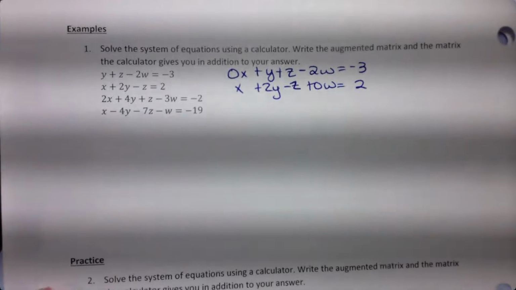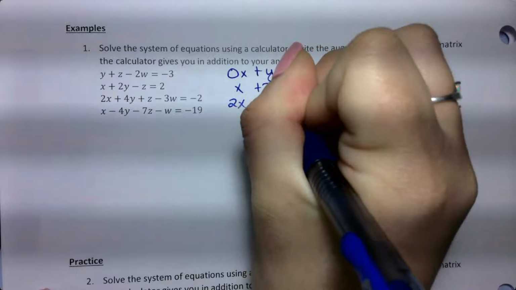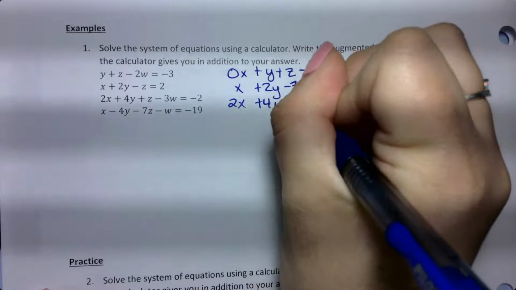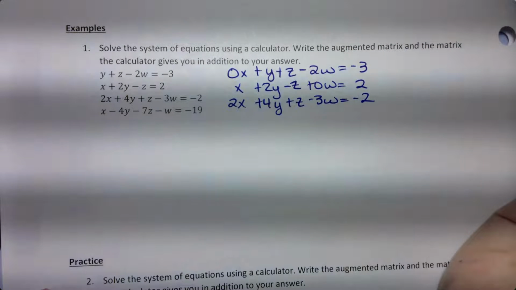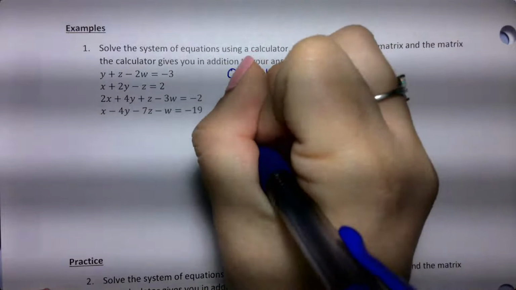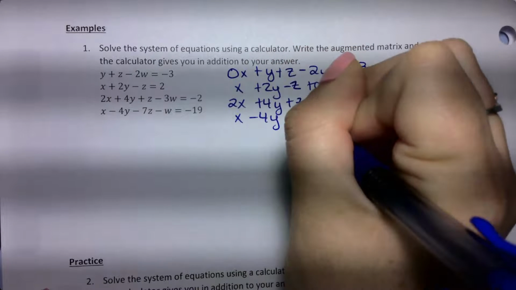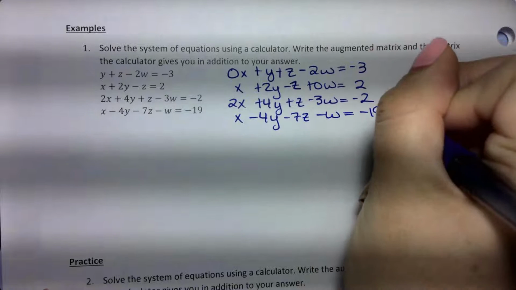My third equation has all 4 variables, so I have 2x plus 4y plus z minus 3w equals -2. And my fourth equation again has all 4 variables, so I'm just going to copy that over. I have x minus 4y minus z minus w equals 19.